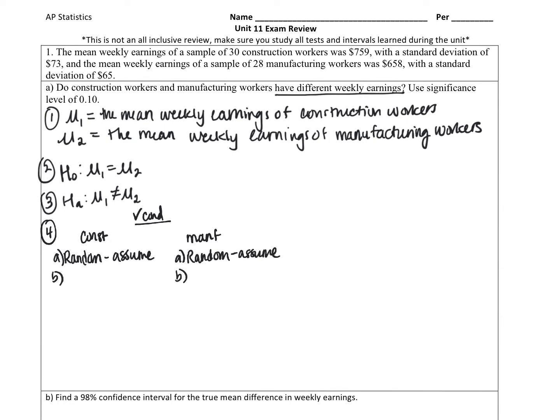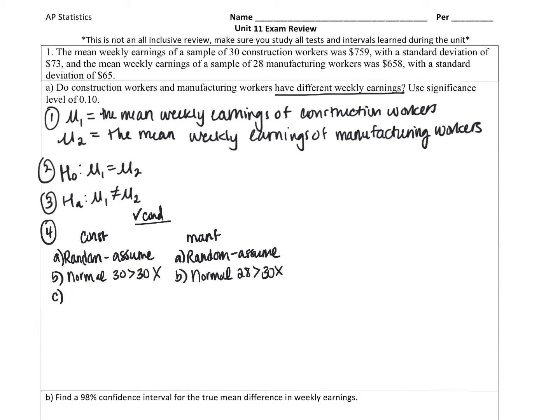Part B, on this one, for normality for construction workers, 30 is not greater than 30, so this condition is not met. For manufacturing workers, 28, for normality, 28 is also not greater than 30, so this condition is not met either.